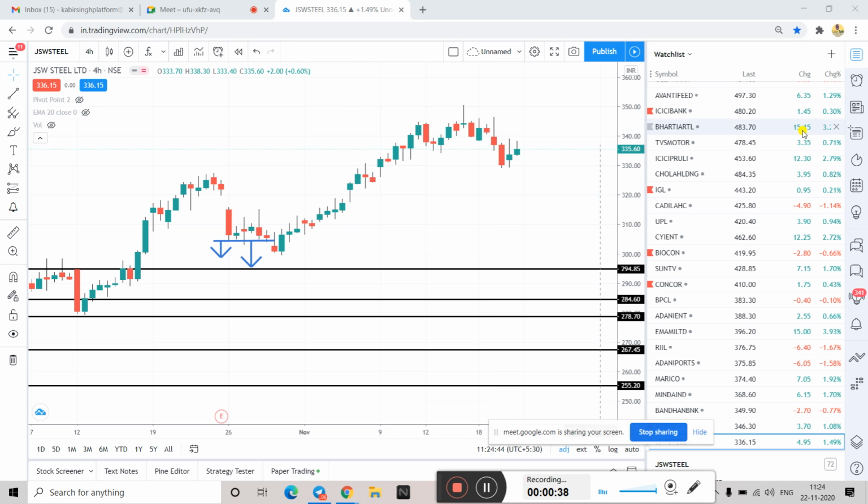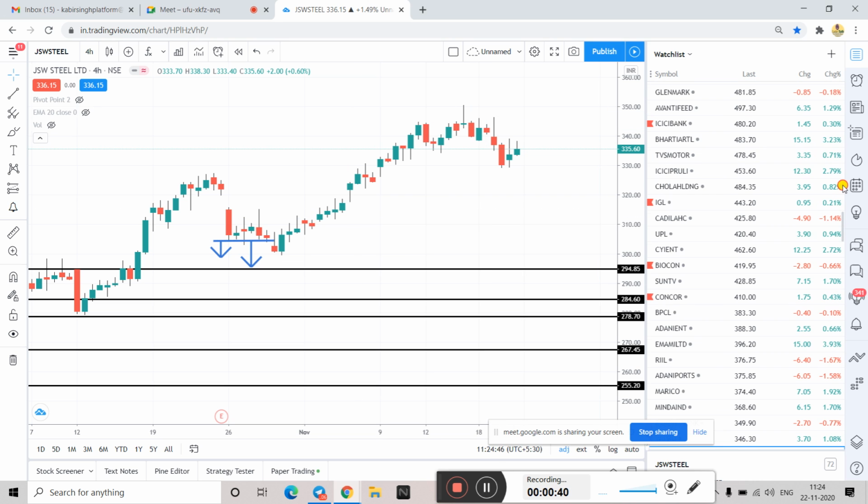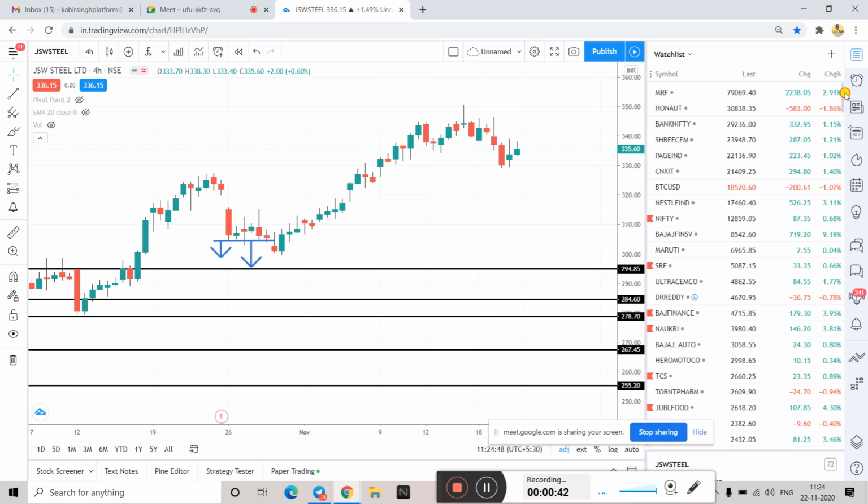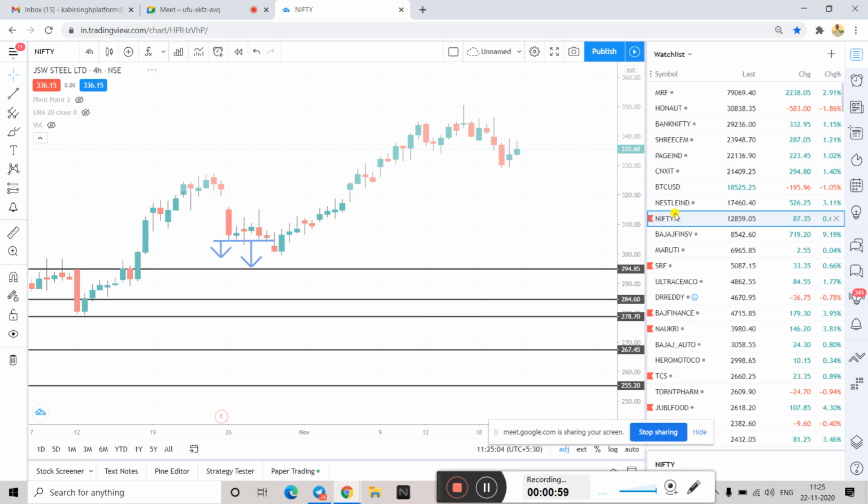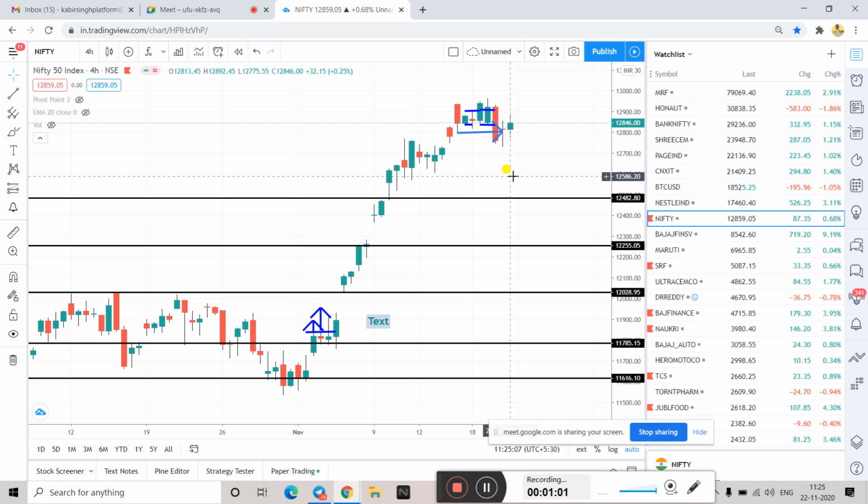So you should have some idea of trading, how to control your emotions, and once you have taken a trade, you should stick to it. That will only come once you start trading and gain some experience. Nifty is of course very volatile, which is why you need some experience of trading before you go into it.